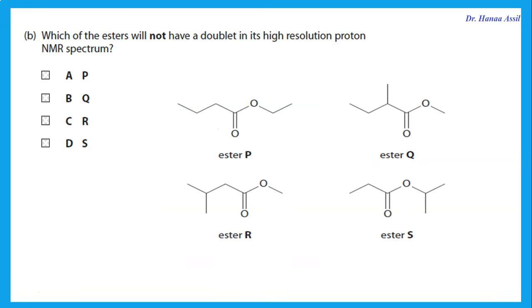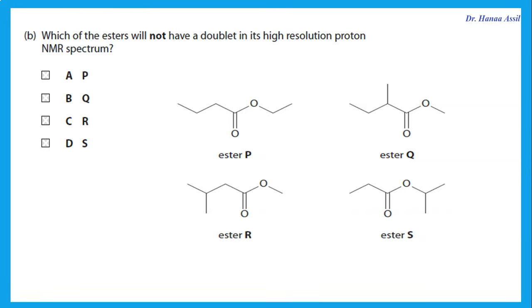Which of the esters will not have a doublet in its high resolution proton NMR? Now, to have a doublet, we need a neighboring carbon that has one hydrogen. A neighboring carbon that has 1 hydrogen would give a doublet.